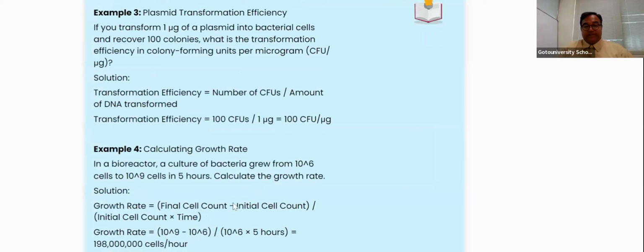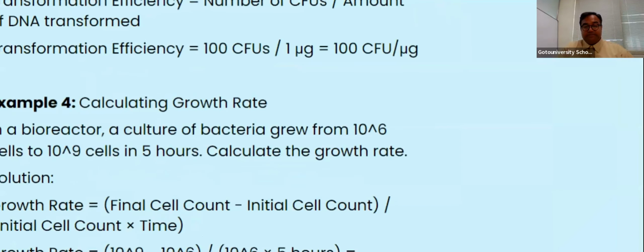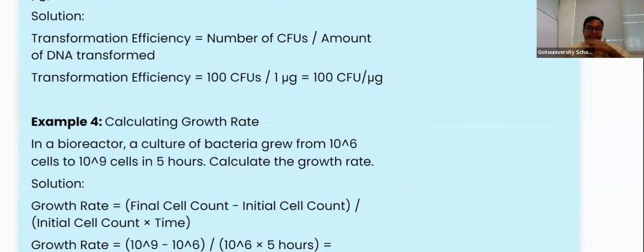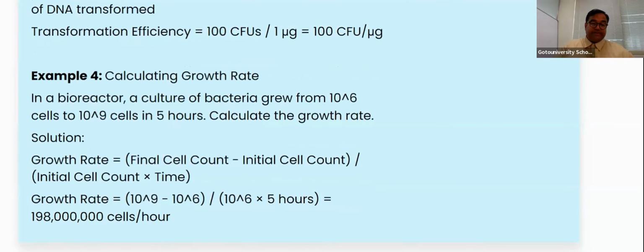Calculate the growth rate. In this particular question, the culture of bacteria grows from 10 to the power of 6 cells to 10 to the power of 9 cells in 5 hours. Calculate the growth rate. Growth rate equals final cell count minus initial cell count, divided by time. The values are already given.